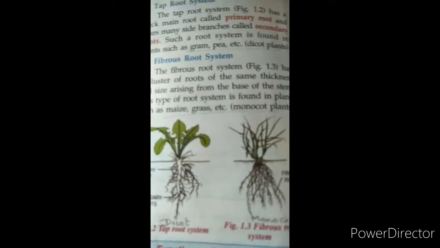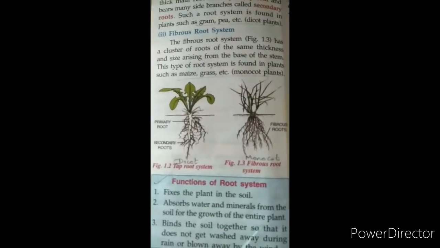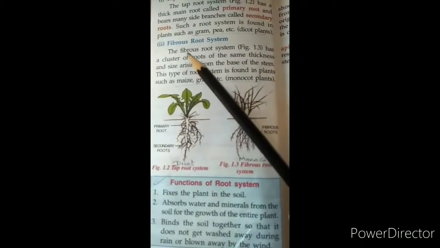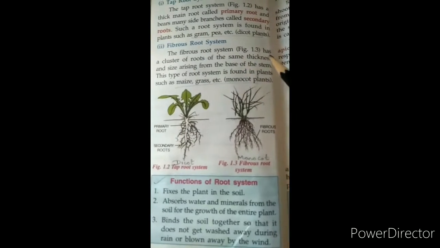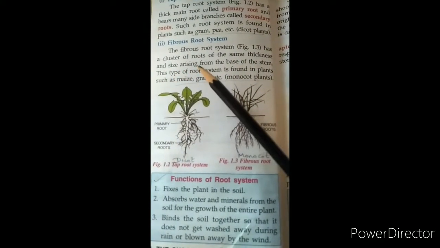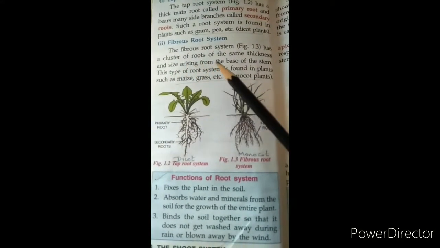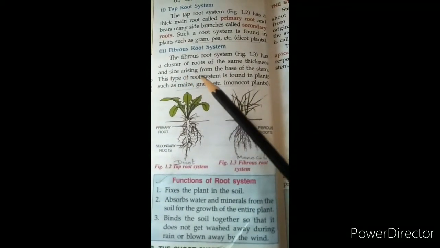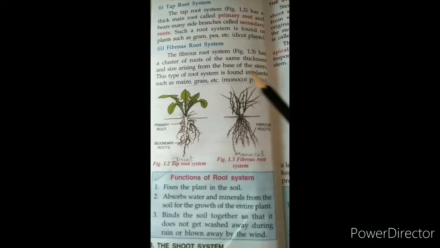The next, or the second type of root system, is known as the fibrous root system. The fibrous root system has a cluster of roots of the same thickness and size arising from the base of the stem.